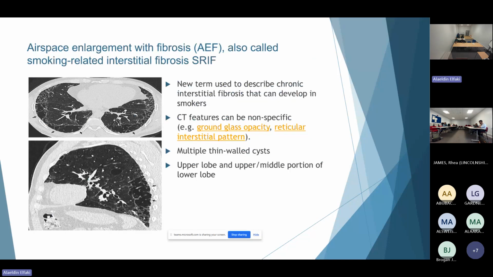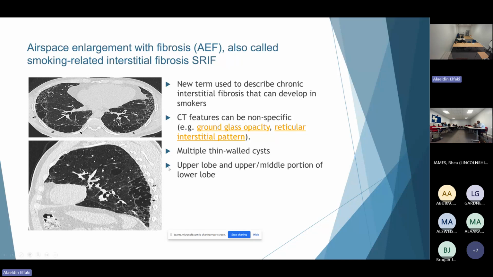Airspace enlargement with fibrosis, AEF, is predominantly related to smoking, right? Most likely, it is part of the entire entity of smoking-related interstitial fibrosis. This is a new term just to describe lung fibrosis and to distinguish that from the other causes of smoking-related interstitial fibrosis.